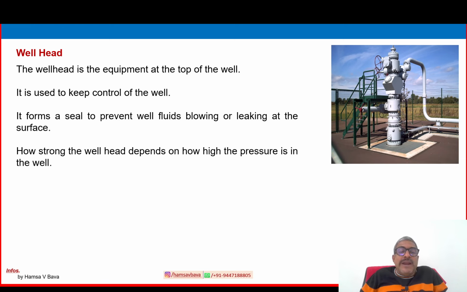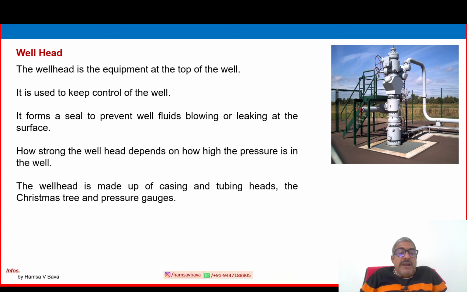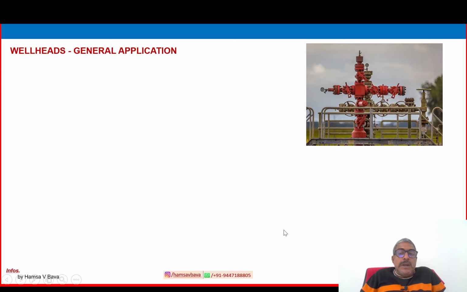How strong the wellhead is depends on how high the pressure is in the well. Depending on the well reservoir pressure, the wellhead may be strong or even more strong. The wellhead is made up of casing and tubing heads, the Christmas tree and the pressure gauge. Many fittings are there.